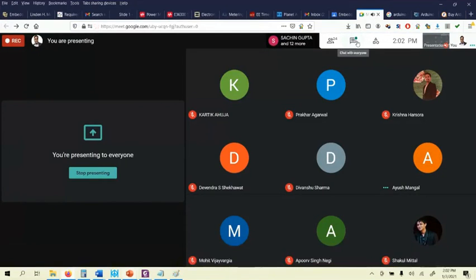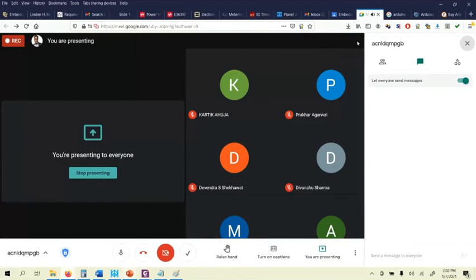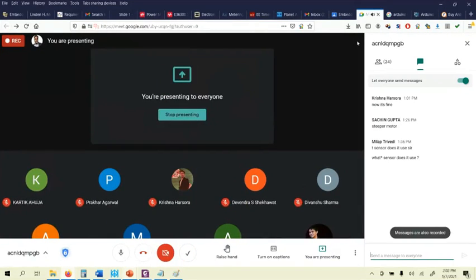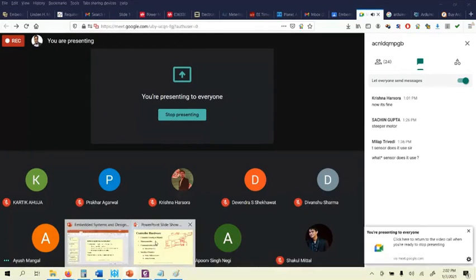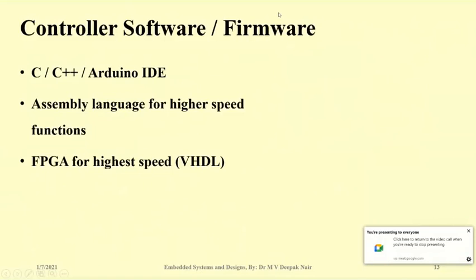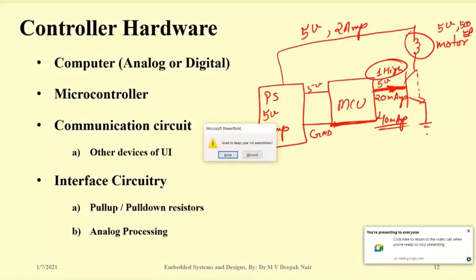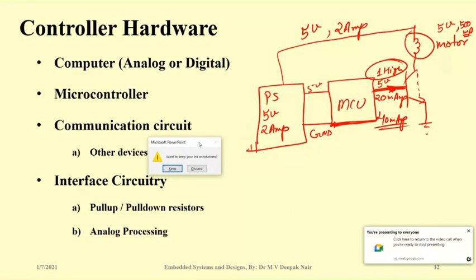How many of you think it will work? And how many of you think it will not work? Wait a second. Okay, I have to keep it here. Sorry. How many of you think it will work?